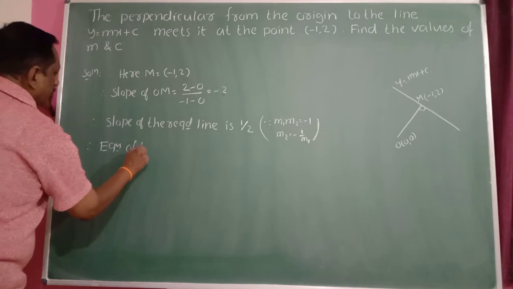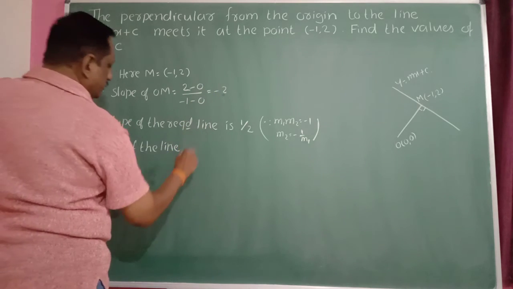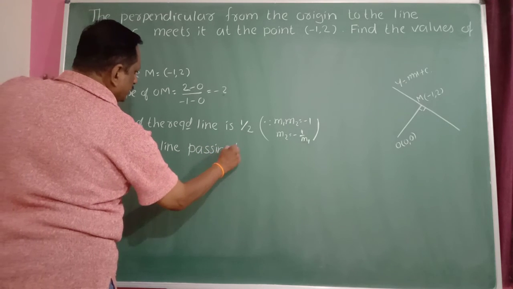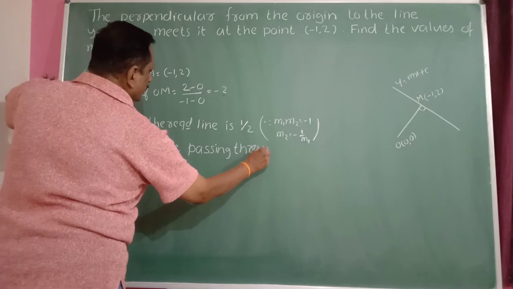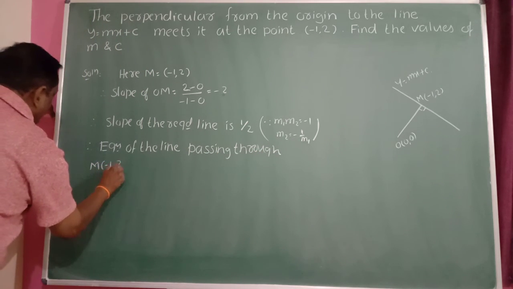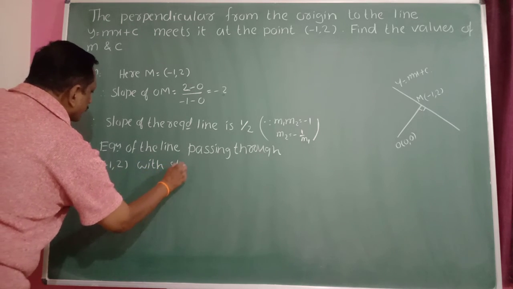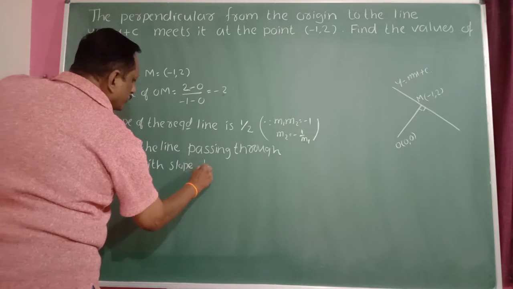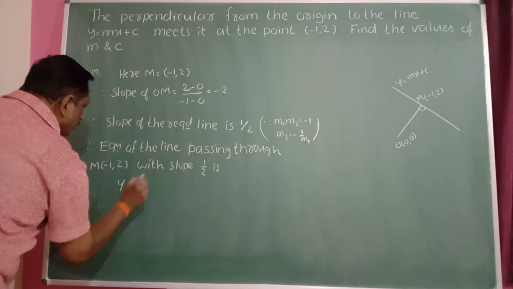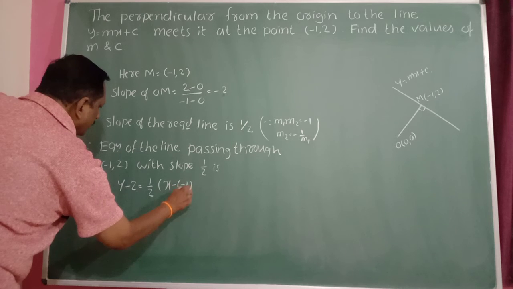Equation of the line passing through minus 1 comma 2 with the slope 1 upon 2 is, so y minus 2 is equal to 1 upon 2 into x minus of minus 1 here.